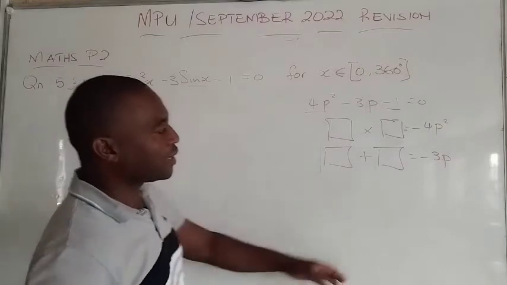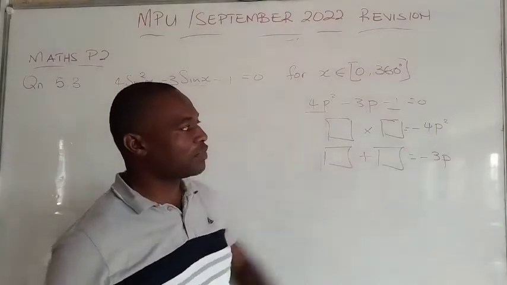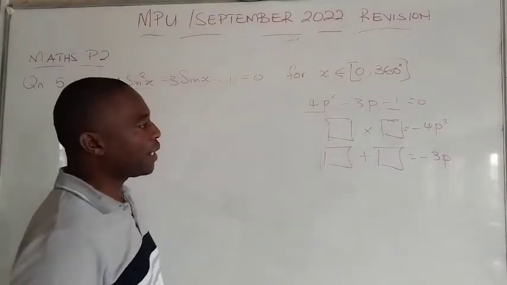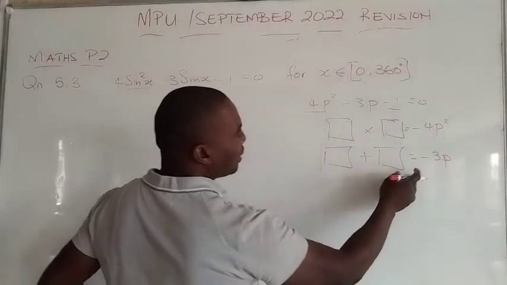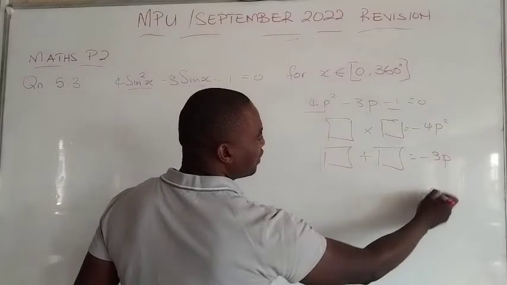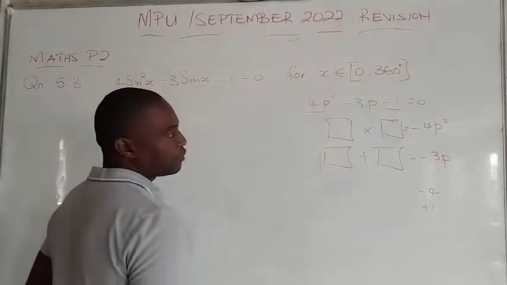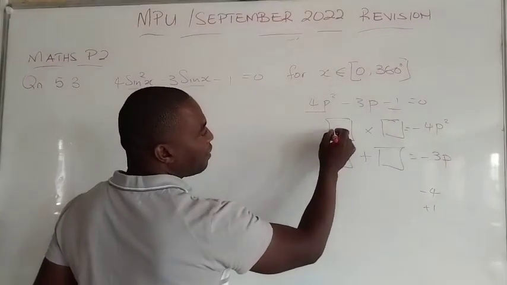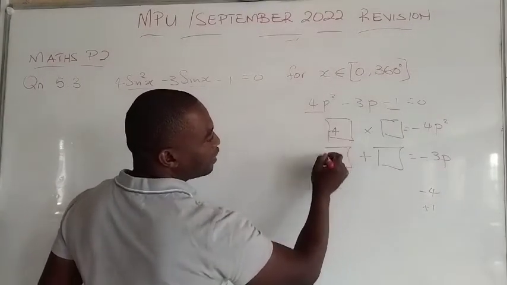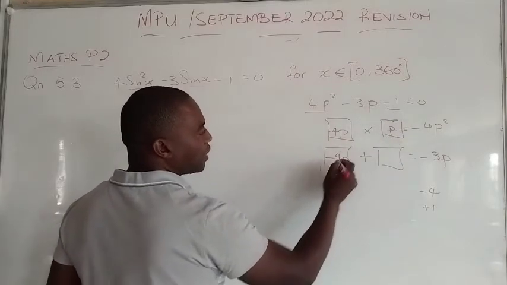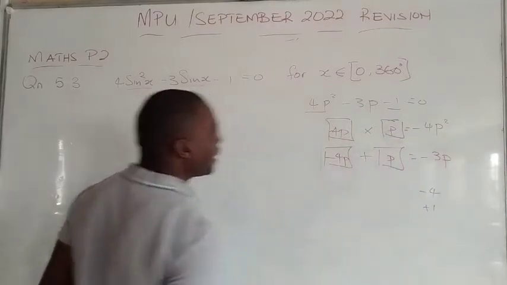So it's obvious that two numbers that multiply to give negative 4, whose difference is 3, are 4 and 1. So now the bigger term, which is 4, will take the negative, and then 1 will take the positive. So we are saying it's negative 4p and then positive p. Even if here you say negative 4p plus p, you get negative.